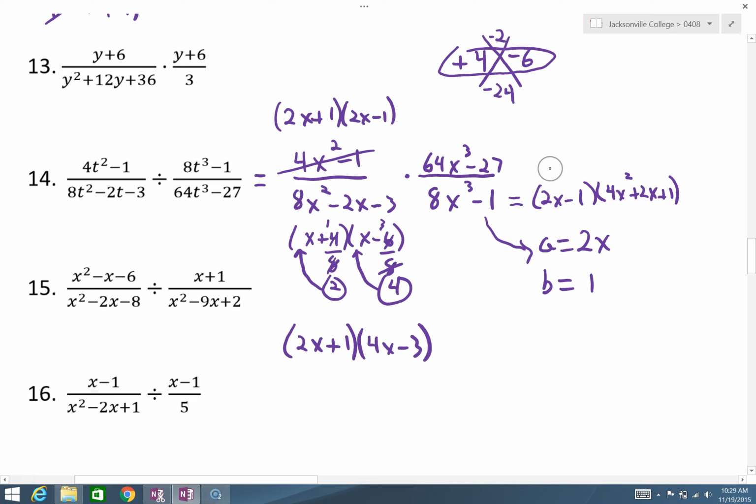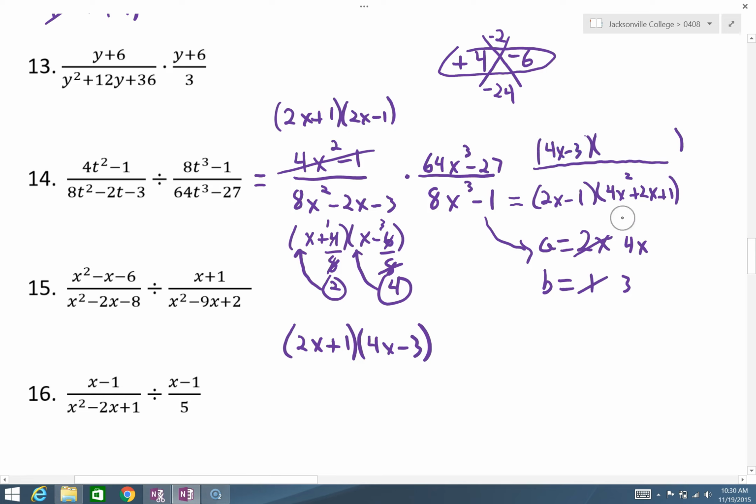All right. All of this is over 64x cubed minus 27. Well, for this one, I'm going to make a new a and b. For this one, a, the cube root of 64x cubed is 4x. The cube root of 27 is 3. That's my new a and b. So here we go. a minus b, 4x minus 3.